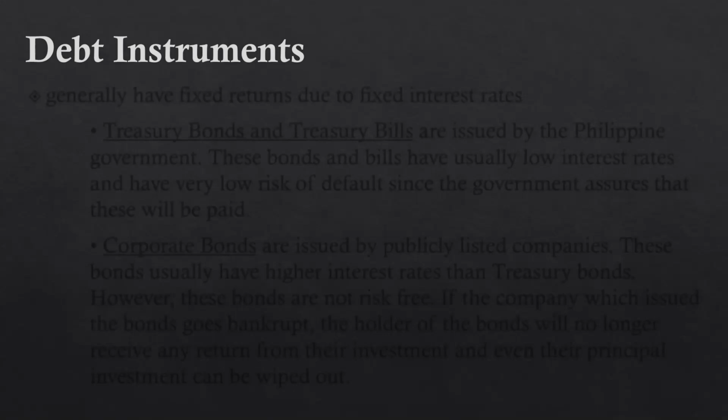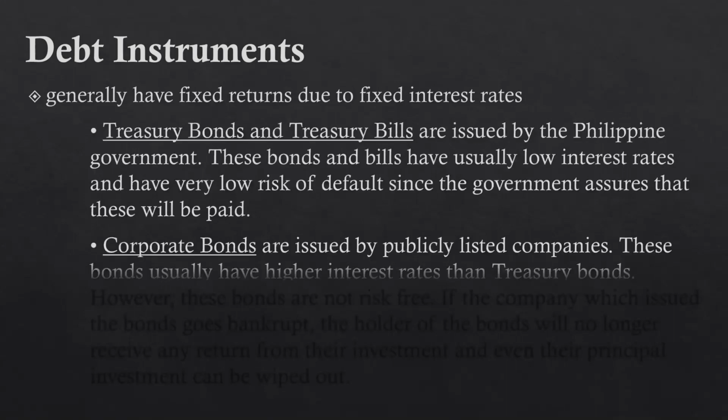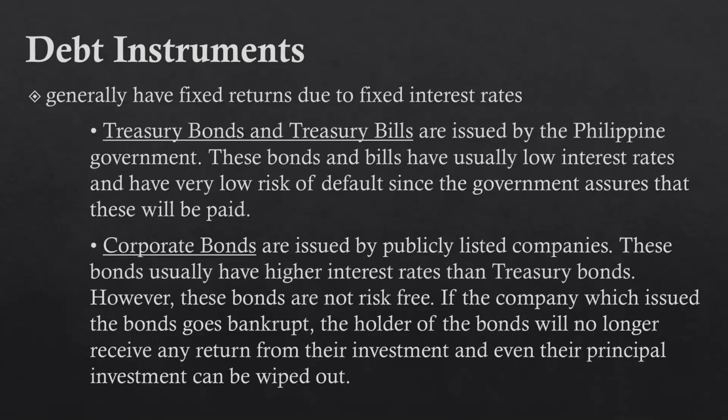These instruments generally have fixed returns due to fixed interest rates. There are two types of debt instruments. Here we have treasury bonds and treasury bills.